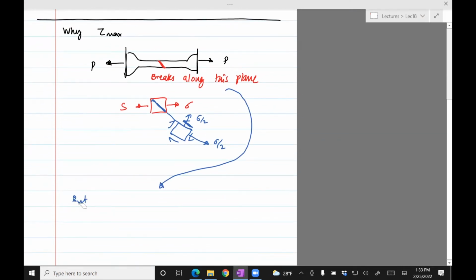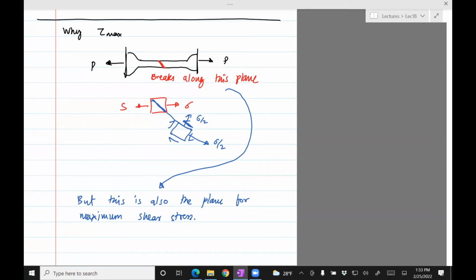But this is also the plane for maximum shear stress. Okay, so that's the theory.